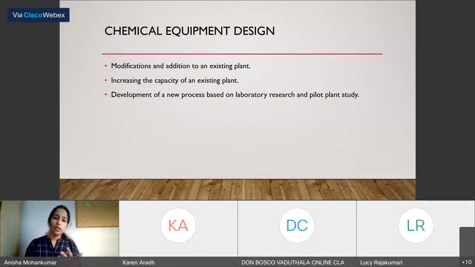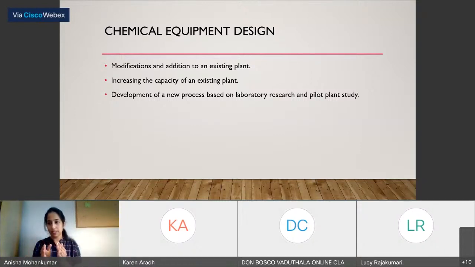So the chemical equipment design is mostly applied when you have to modify or add anything to your existing plant, when you have to increase the capacity of any existing plant, or when you have to take up a completely new process from a laboratory research to a pilot plant.